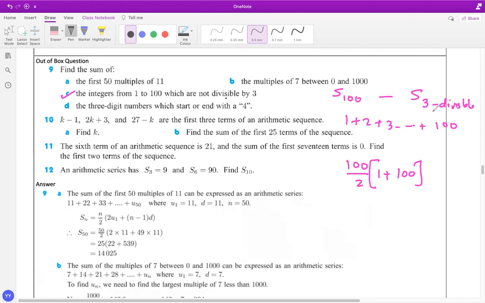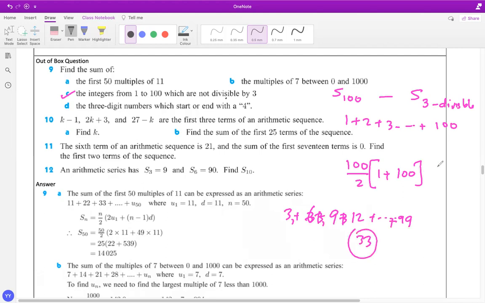But now you have to find the sum of the numbers that are divisible by 3, which are multiples of 3. So 3 plus 6 plus 9 plus 12 and so on until 99. These are the numbers that are divisible by 3, which is 33 terms you can straight away see.